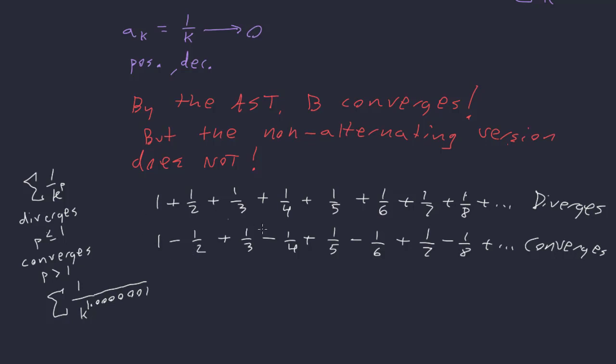Well, similarly, if instead of adding every even term, we subtract every even term, then that is enough to get the series to converge. All right, this is called the harmonic series, if you've ever heard of that.